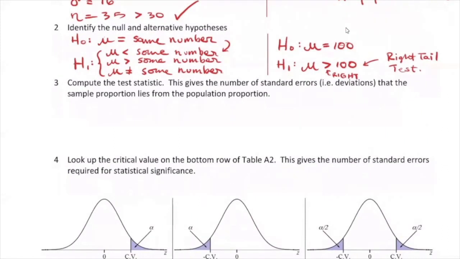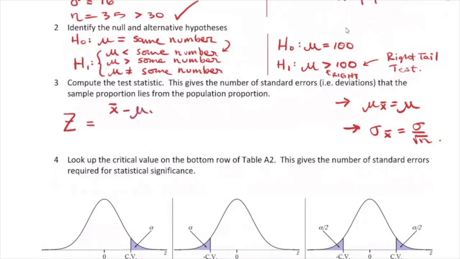Now the test statistic, I'll remind you, I'm going to do a little tweaking here. First of all, I'm going to paste in something that I'm going to erase. Remember that you would take a z-score, because we know the population standard deviation. So the z-score of a sample mean would be the sample mean minus the mean of sample means over the standard deviation or standard error of sample means.